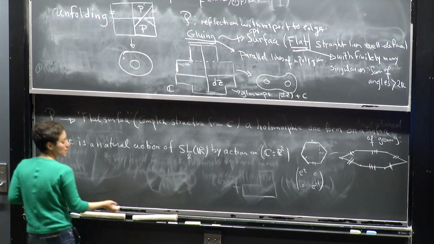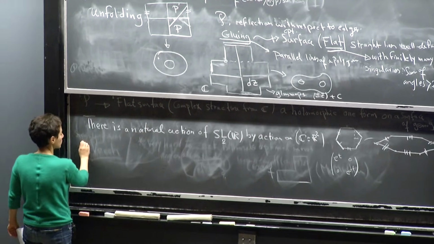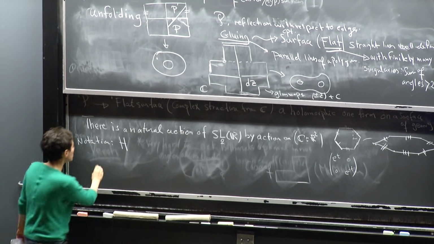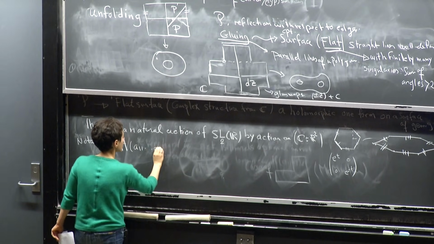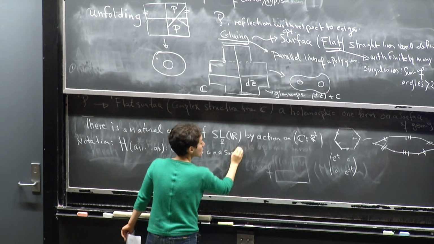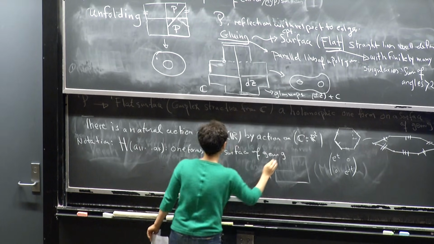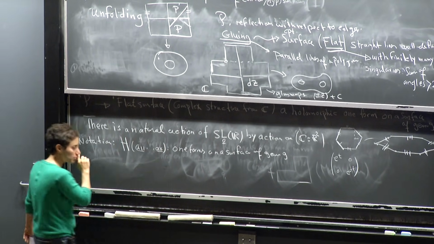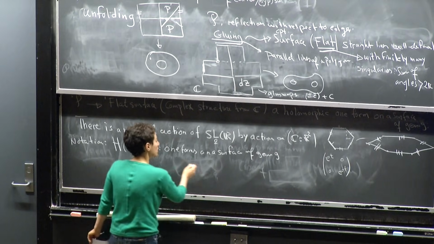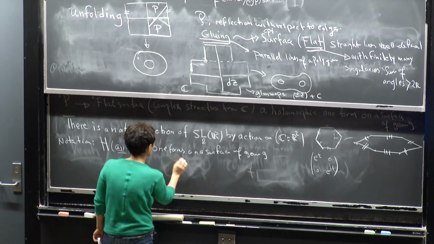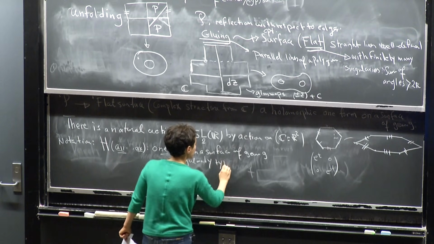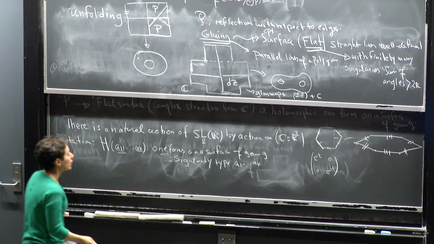So to fix some notation, I want to look at the space of holomorphic one forms on a surface of genus G. The A1 to AK are very important, but they are basically just keeping the singularity type fixed.